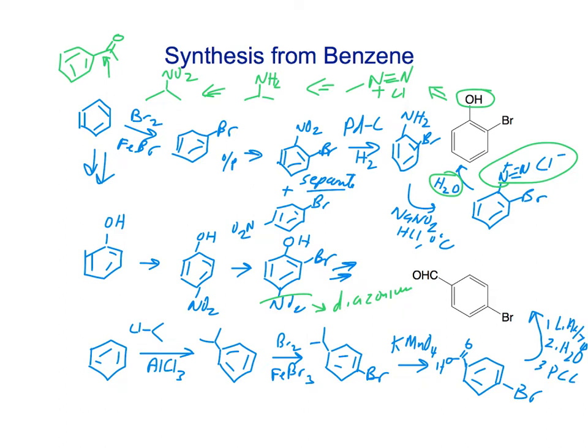Could you use SOCl2 and then lithium aluminum hydride? Yeah, exactly. So that's one of the other ones. If we convert it to the acid chloride, we can use tri-tert-butoxy aluminum hydride. It's this specialized reagent for reducing acyl chlorides, acid chlorides, to aldehydes.